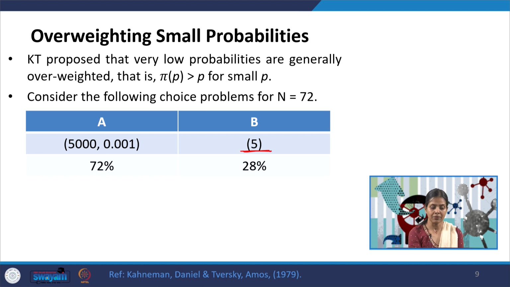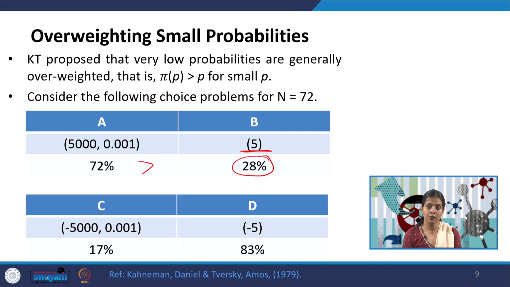Now, people preferred A to B. Only 28% like to have 5 rupees or $5, while the majority preferred the other option where you can win 5000 with a probability of 0.001.